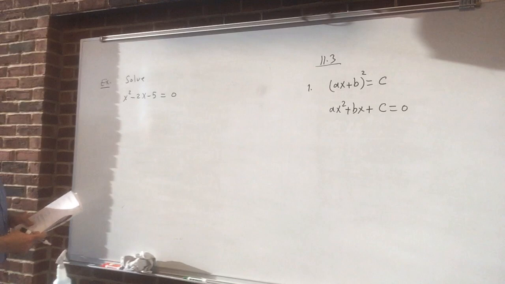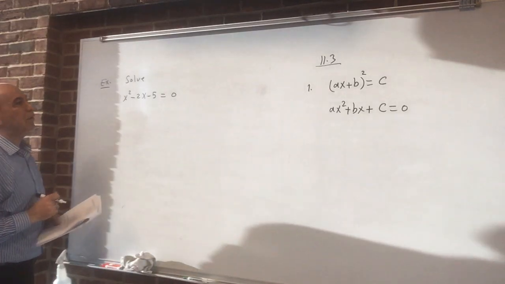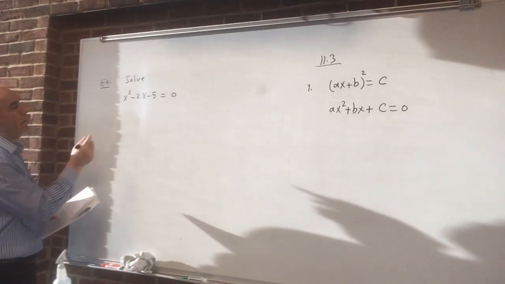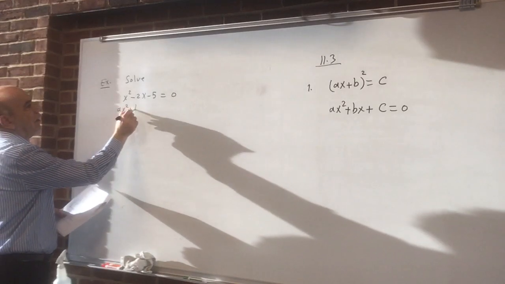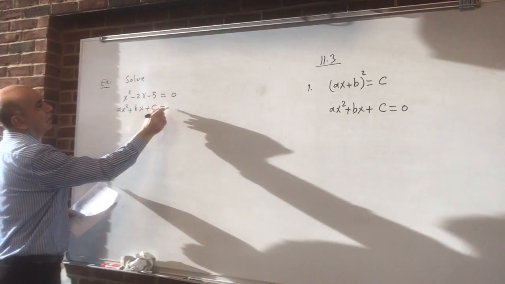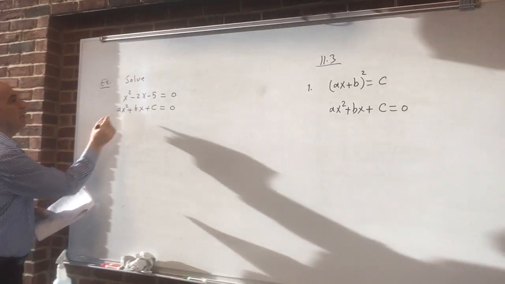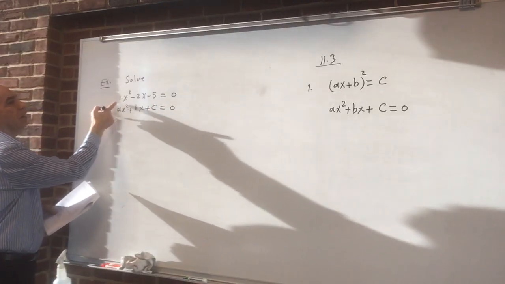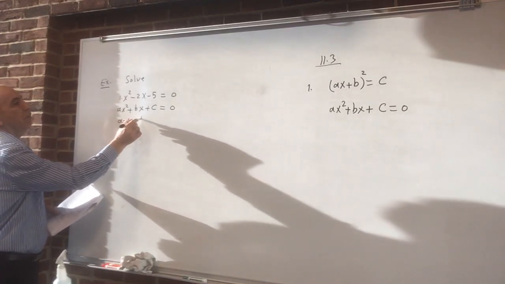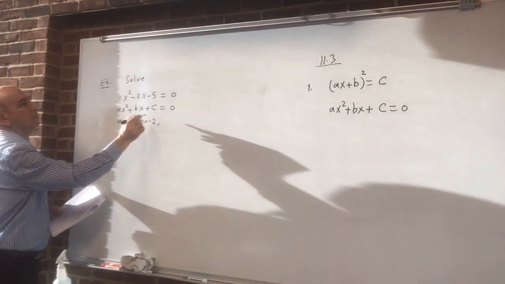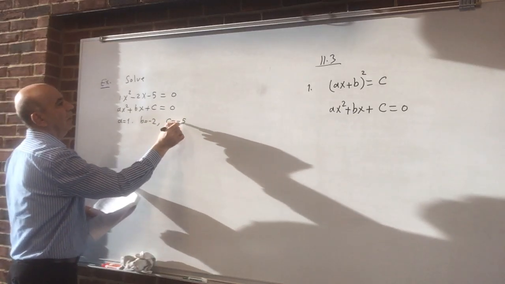So we will use the quadratic formula to solve this equation. If we compare this equation with ax squared plus bx plus c, here a is the coefficient of x squared, a is 1, b is negative 2, and c equals negative 5.